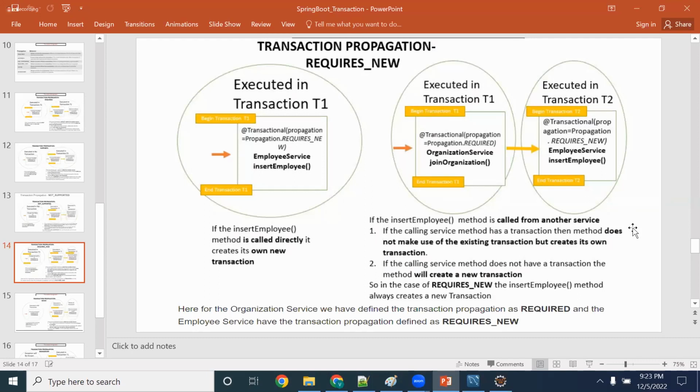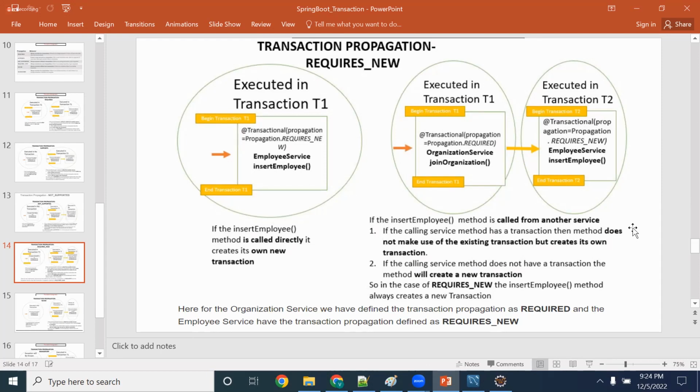Call 1, organization service dot join organization. Call 2, employee service dot insert employee. Transactional propagation equal to required and transactional propagation equal to requires new, both are available here.